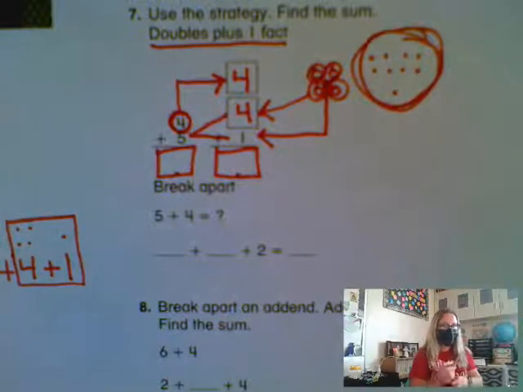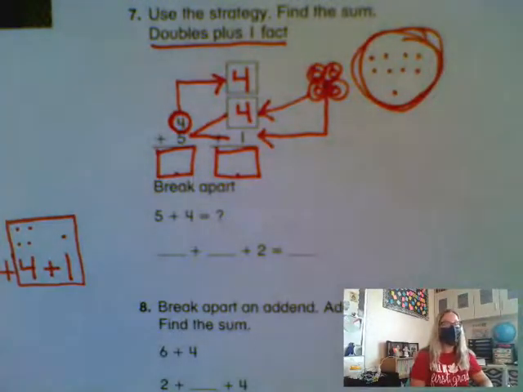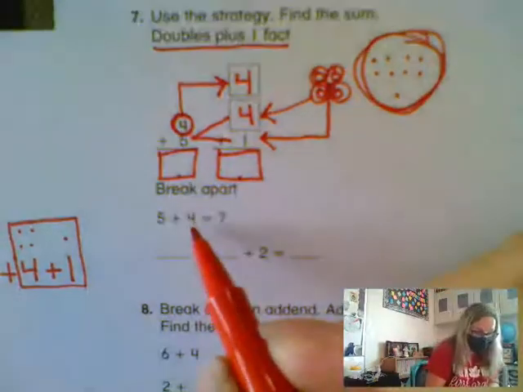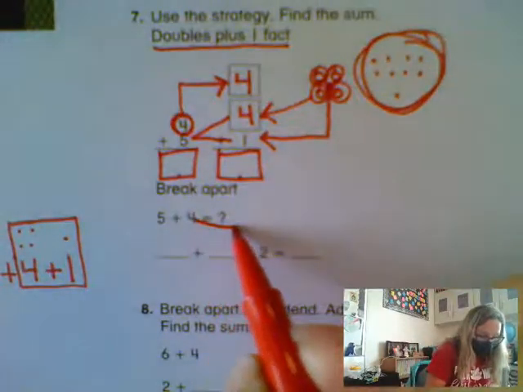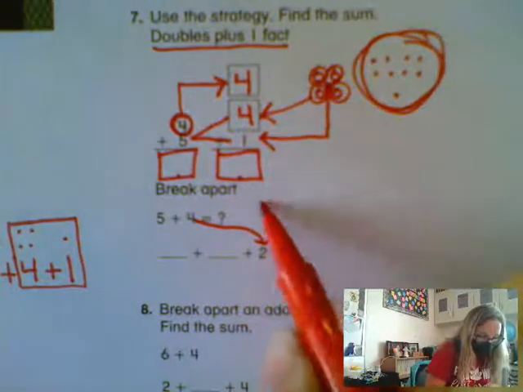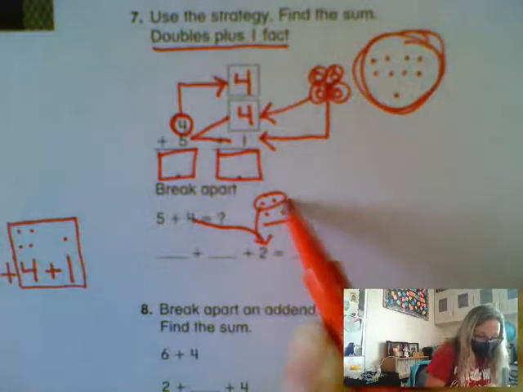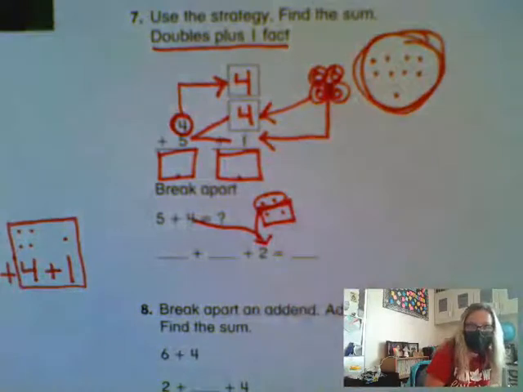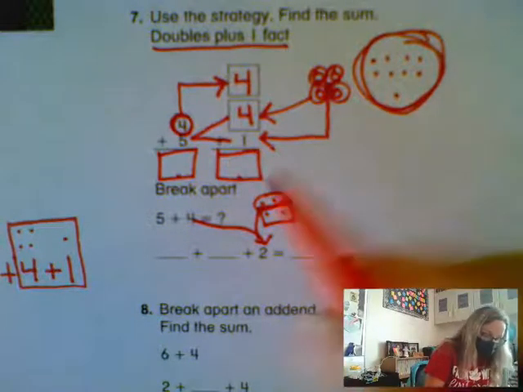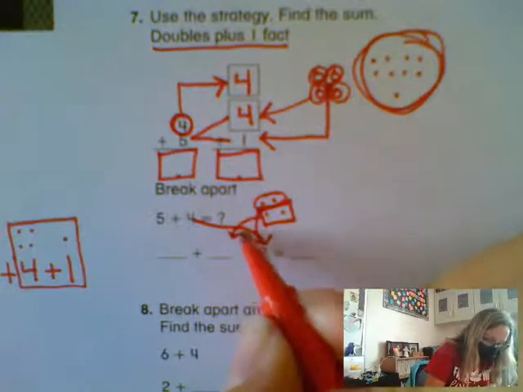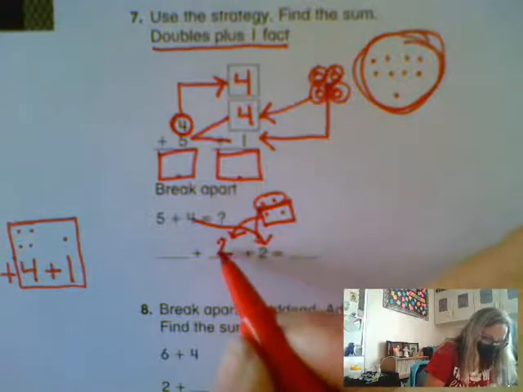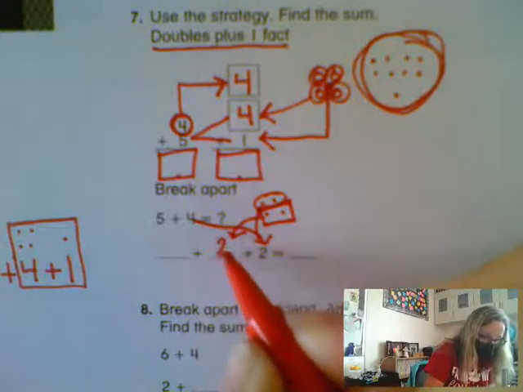So if I take my 4 and I put 2 here, so that's 1, 2, 3, 4, I put 2 of them here, how many do I have left? That number needs to go here. So I have 2 and 2. I broke apart my 4 into 2 and 2.